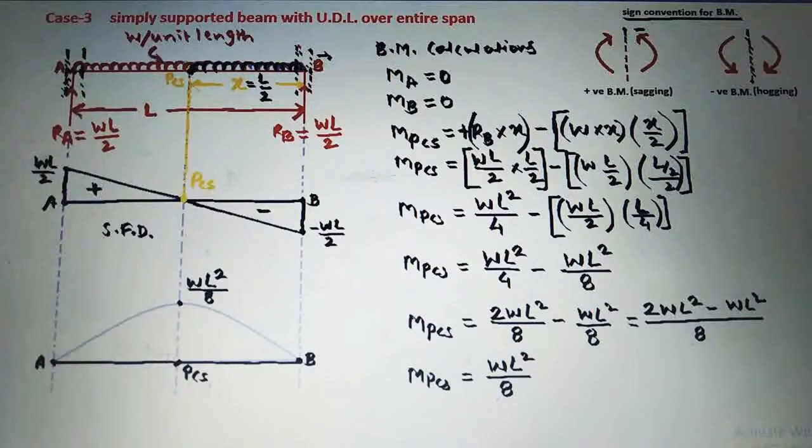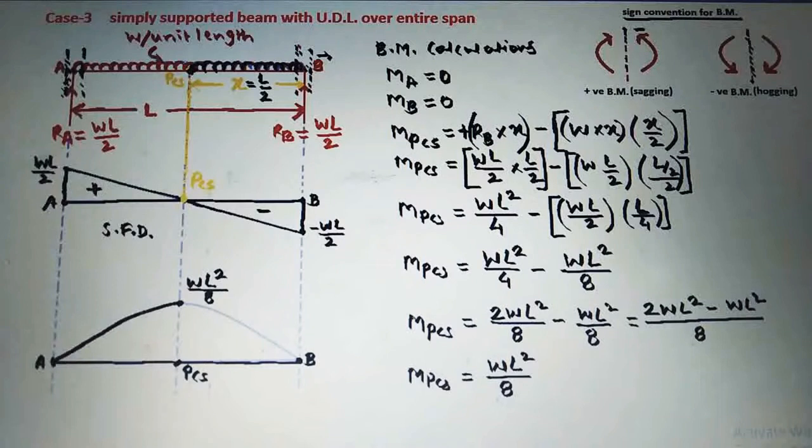Now after plotting the magnitudes of the bending moment here, we will join these points. So first we will join A and the point of contrast shear. See here, bending moment at A is 0, bending moment at point of contrast shear is WL square by 8. As there is a loading between A and the point of contrast shear, it will be the parabolic curve here.